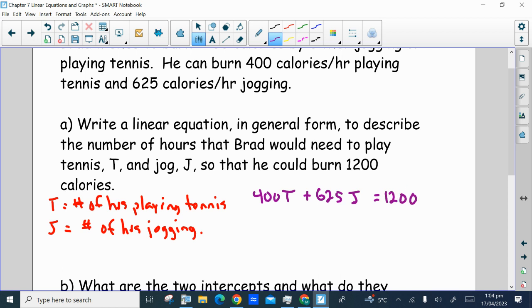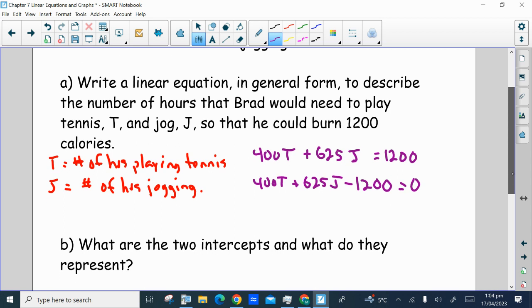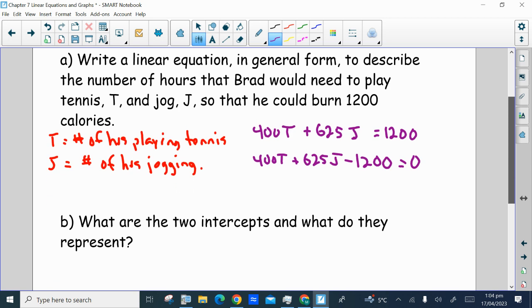So that equation must equal 1,200. Now it does say to write it in general form, which means we need to move the 1,200 over to the left side by subtracting it from both sides. Because remember, general form doesn't have any fractions or decimals, and it has to equal 0. And we also say the x term must be positive. We don't have x and y as our variables in this, so we'll just make sure that either t or j is positive, and in this case they both are, so we're fine.